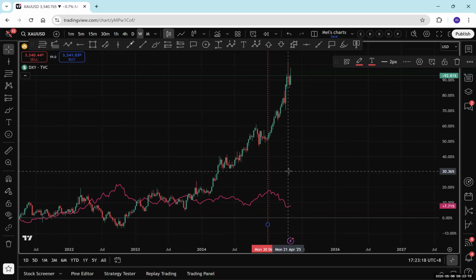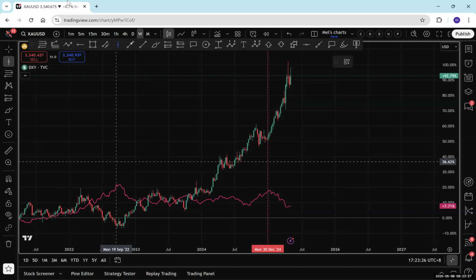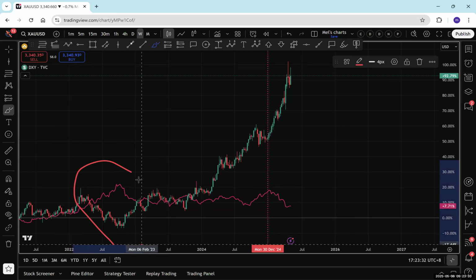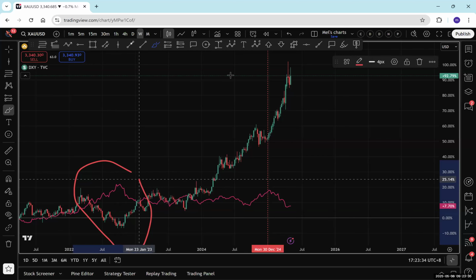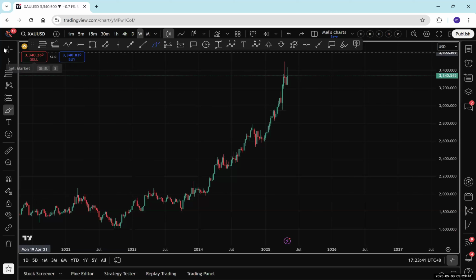The pink line chart is our DXY, in case that wasn't clear. Here as well, you can see a very clear inverse correlation over here. So with that in mind, let's now analyze our gold together.